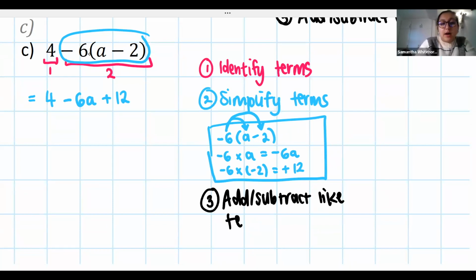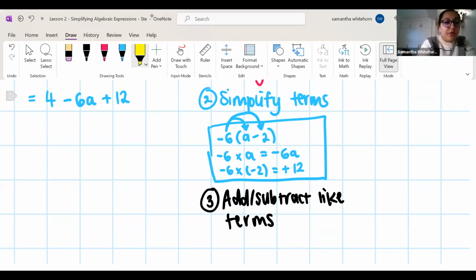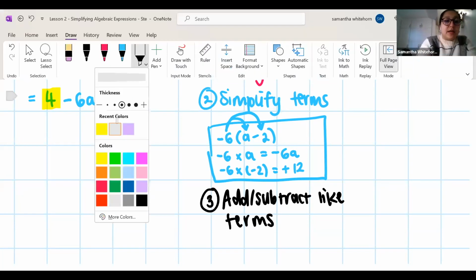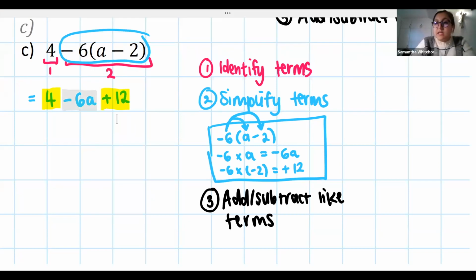So we grab our highlighter, our colored pen, whatever it is that we're doing, and we identify our like terms. So the first term is a constant. Plus 12 is also a constant. Those are the ones with no variables. They are like terms. And then separately, we have negative 6a. It is the only term with an a in it, so it needs to be by itself in its own group.